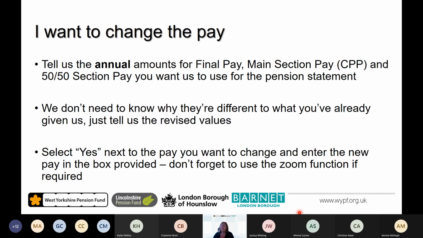Okay, so if you want to change the pay, you tell us the annual amount of the pay that you are changing, whether it's the final pay, the CPP, or the 50/50 section. You don't need to explain to us why there is a difference. So you just select yes next to the pay type that you want to change, and then you get another box.